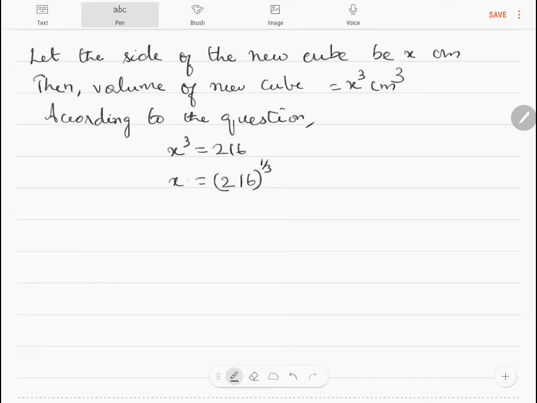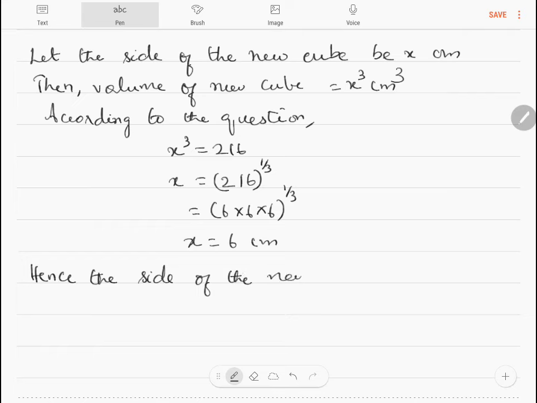When a cube comes to the other side of the equation, it becomes 1 by 3, which is nothing but we can write 216 as 6 into 6 into 6, the whole power 1 by 3. So x is equal to 6 centimeter. Hence, the side of the new cube will be 6 centimeter.